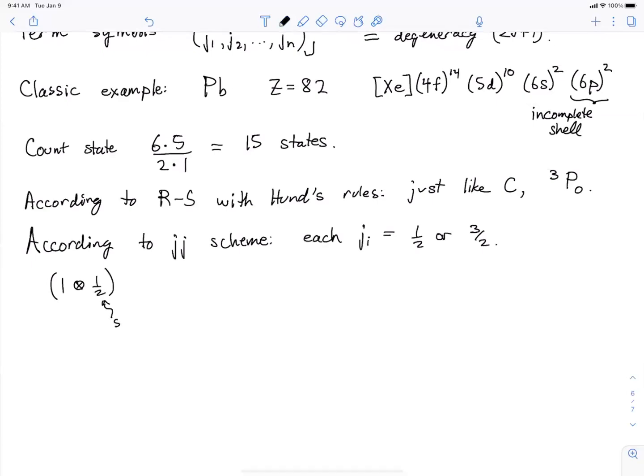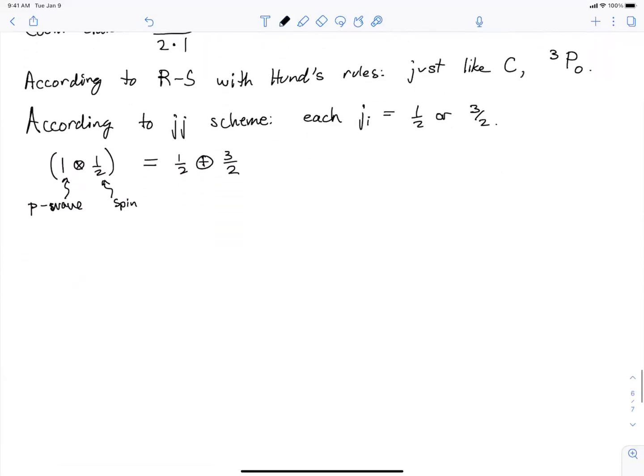The 1/2 is the spin. The 1 is because we're in a p shell, or a p-wave state, because it's 6p. And when you add 1 and 1/2, you get 1/2 and 3/2 as the possibilities. So each of the 2 j's can be 1/2 or 3/2.